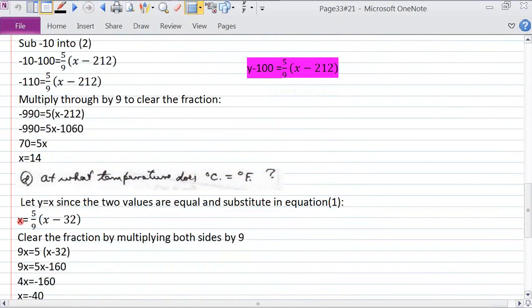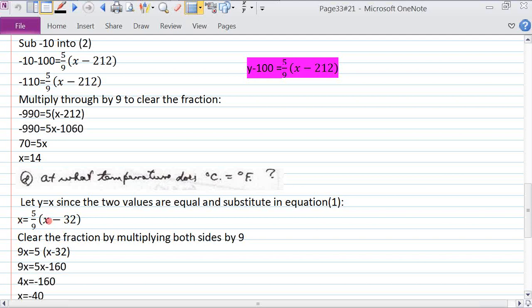We get x equals 5/9 (x minus 32). We could leave the y here and make this into y. It doesn't make any difference. We'll still get the same value. But what we're doing is making y equal to x, so for the y, we're going to substitute x.